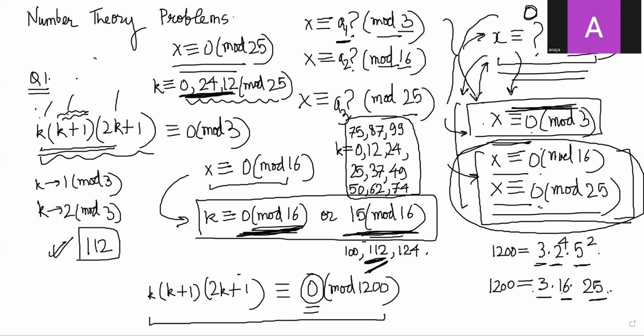And what is the smallest k that works? The best way to do that is to start with the highest modulus. We figured out it has to be 0, 24, 12, and for 16 it was 0 or 15. And from there, we just list out and see the common solutions.